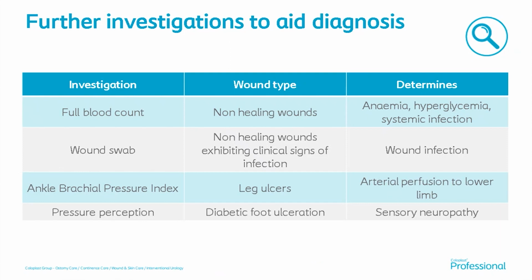In leg ulcers, we might want to do an ABPI assessment and a full lower limb assessment to identify whether a wound is likely to be arterial or venous in its appearance. That can also help us to identify whether there's an underlying cause that needs addressing with a vascular team, for example. Or pressure and pressure perception. We might want to do a more thorough diabetic foot assessment to see if somebody has sensory neuropathy, for example.